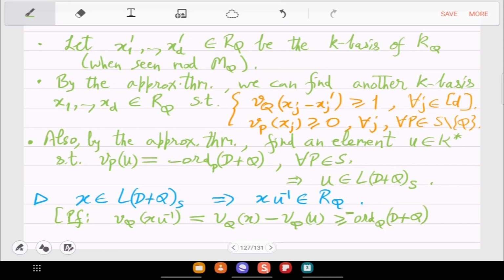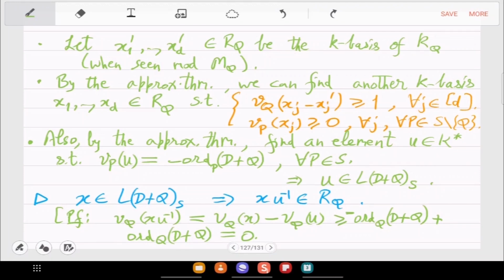So minus of this, and the valuation of u is by definition this. So you get 0. It was designed to satisfy this condition.